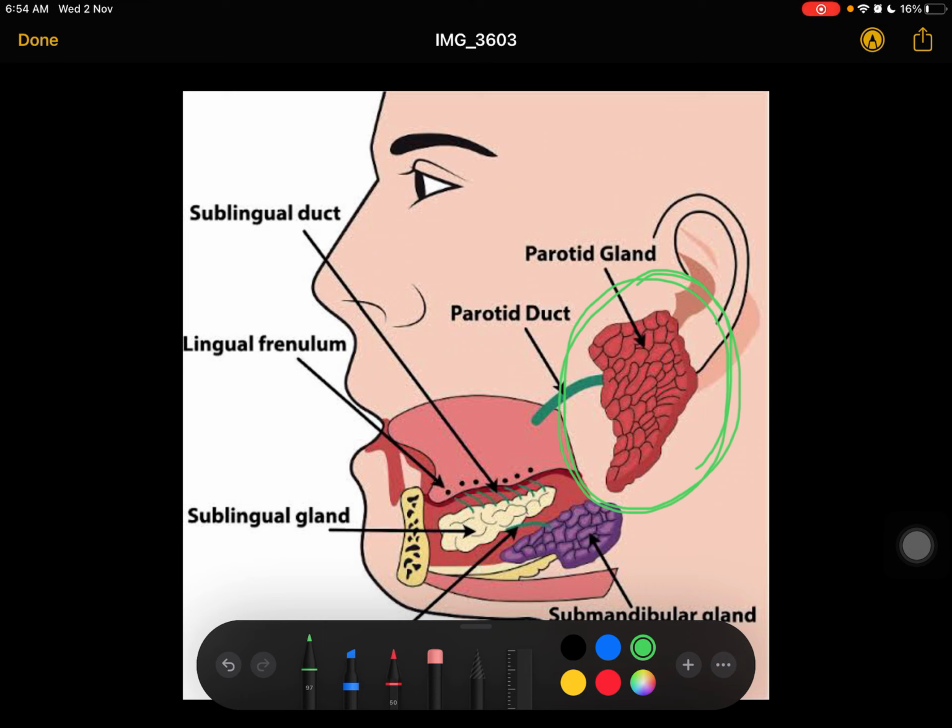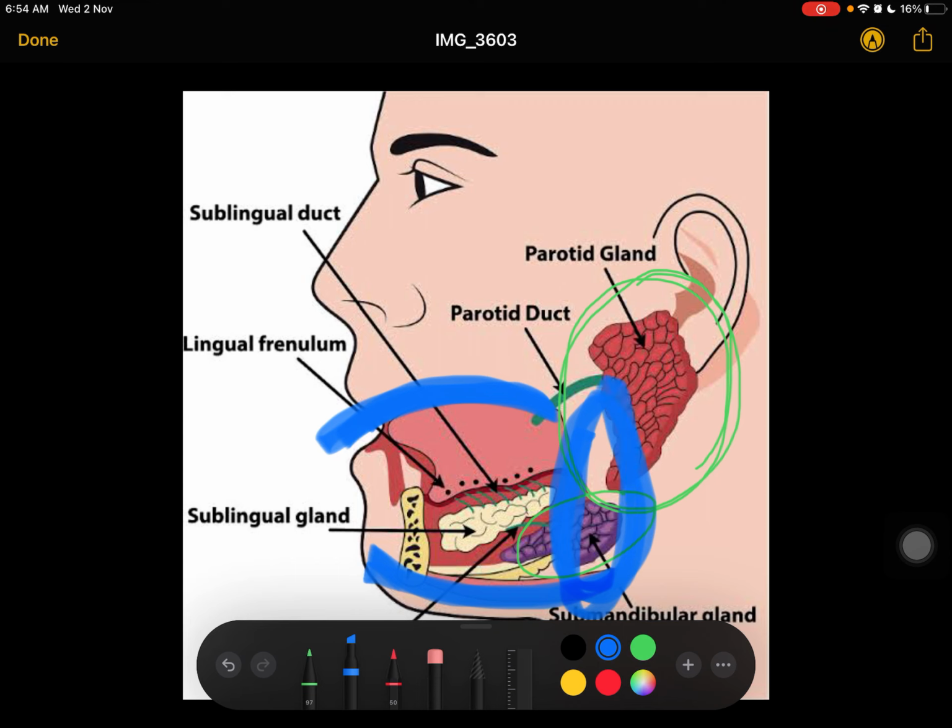Now where is the submaxillary gland located? It is located over here. You may be wondering why it is known as submandibular and submaxillary too. The reason is that the upper jaw is known as the maxilla and the lower jaw is the mandible, and the gland is present here in the middle between them. That's why it is known as the submandibular or submaxillary gland.